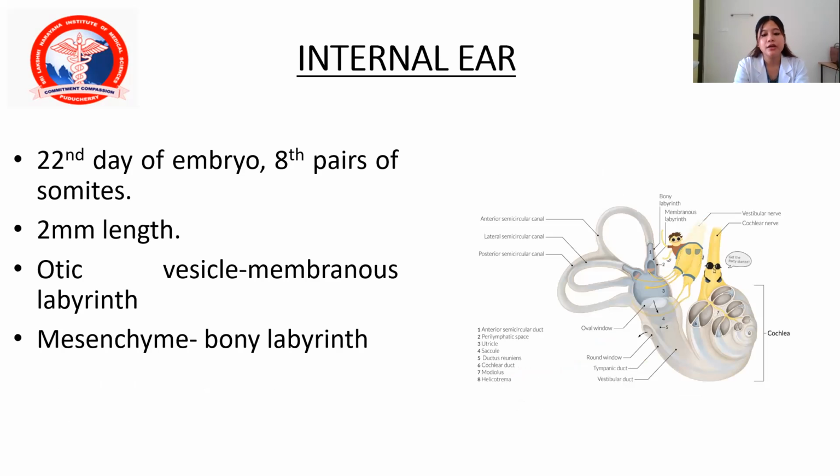So the internal ear develops in the embryo when it is 22 days old. When the embryo is 22 days old, it is composed of 8 pairs of somites. The age of the embryo can be determined by the pairs of somites it is composed of.